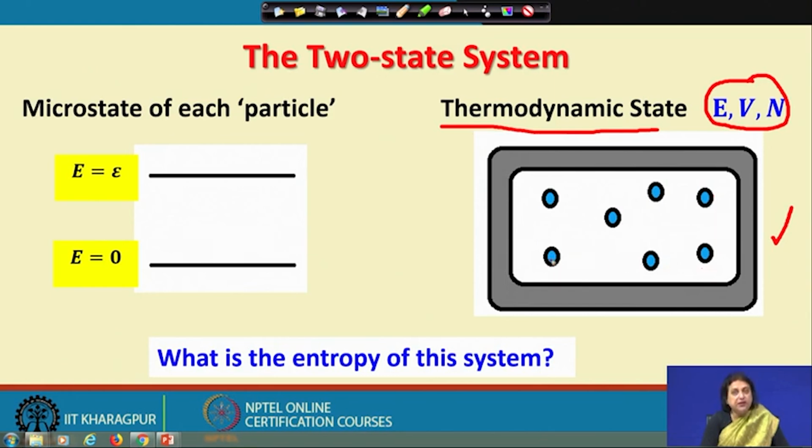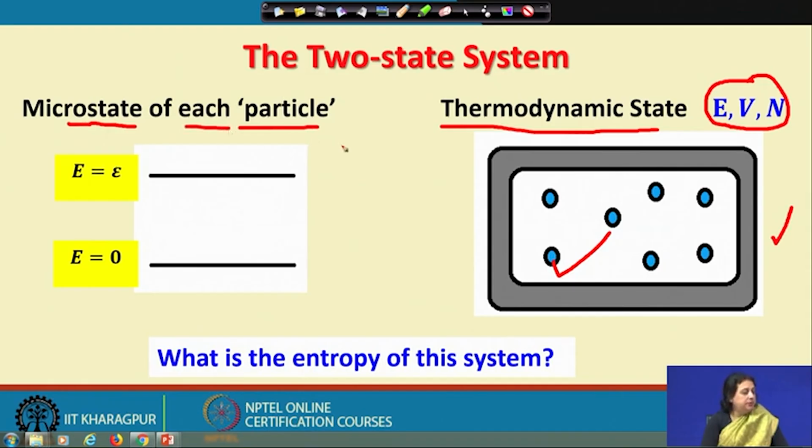Now, each of these particles is investigated using the Schrodinger equation, and then I can use the solution of the Schrodinger equation to define the microstate of each of these particles.